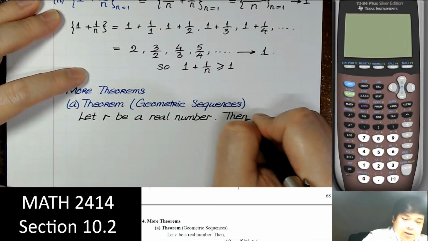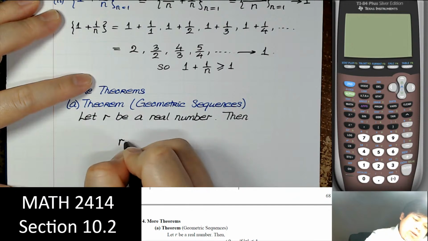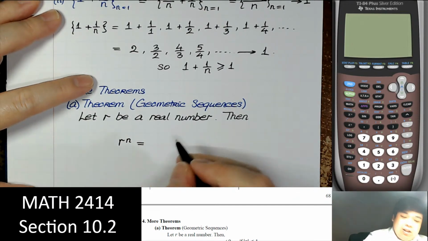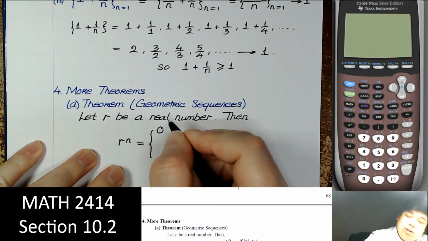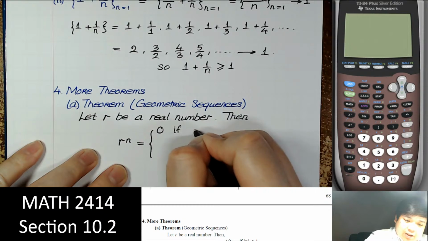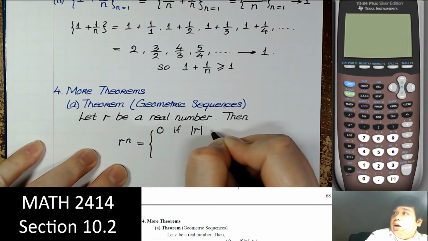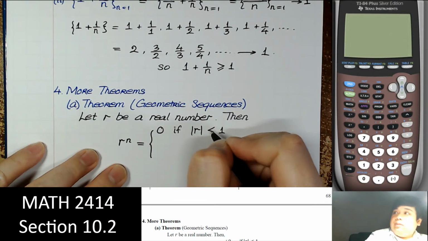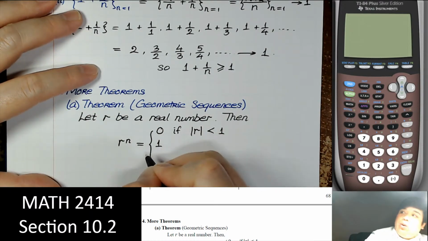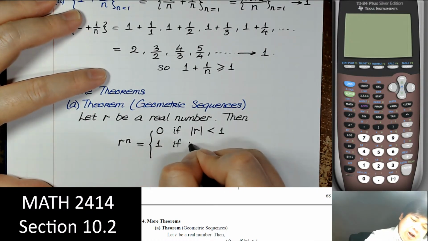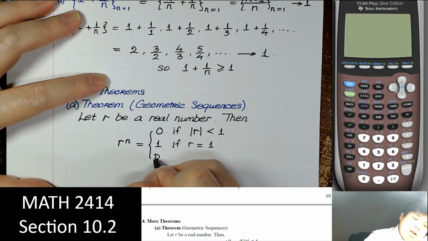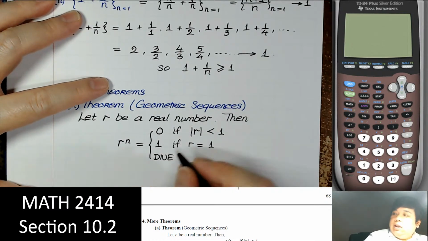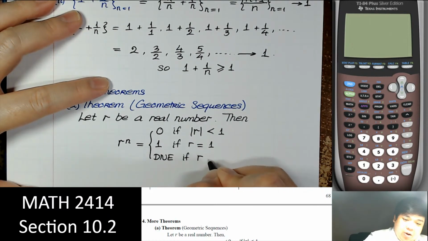Then r to the n equals 0 if the absolute value of r is less than 1, and equals 1 if r equals 1, and does not exist if the absolute value of r is bigger than 1.